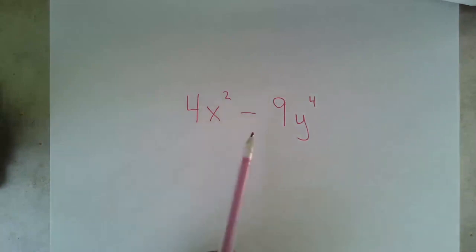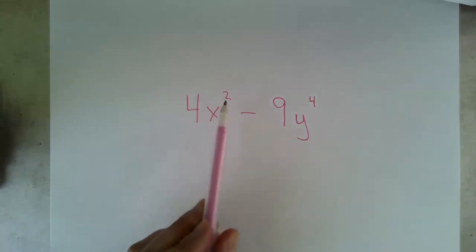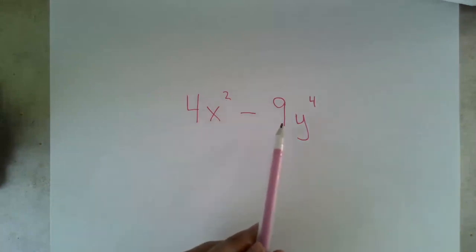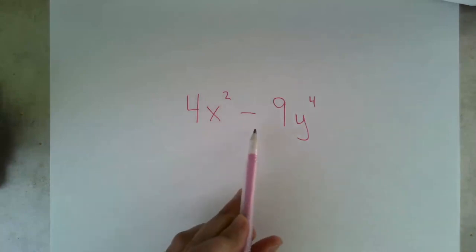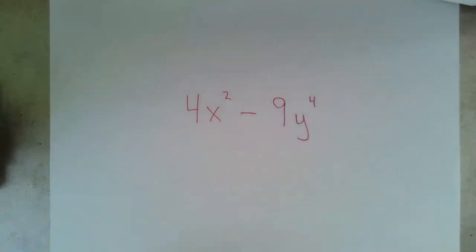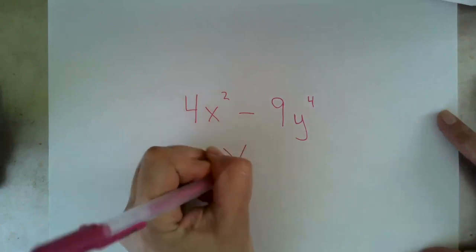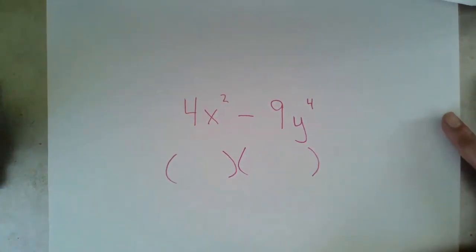4x squared minus 9y to the fourth. Okay, 4 is a square, x squared is a square, 9 is a square, y to the fourth is a square, that's y squared squared, and there's my difference. This is a difference of squares. Set up my two parentheses.